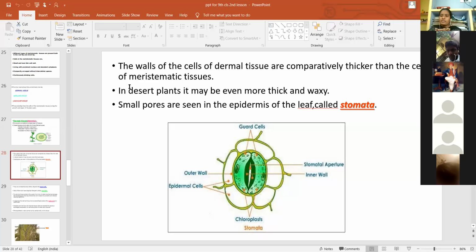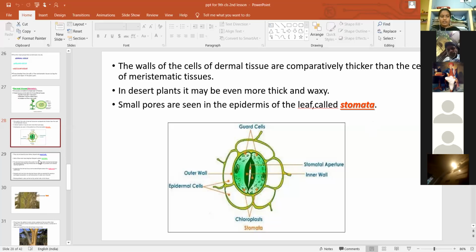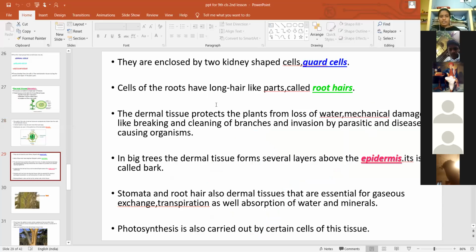The epidermis is the outermost layer of the plant. The small pores are called stomata. Next, the stomata consist of guard cells.